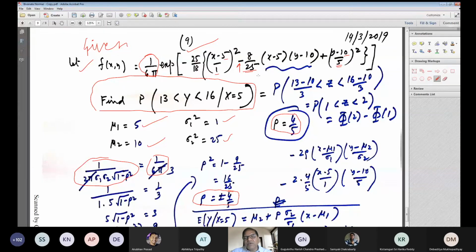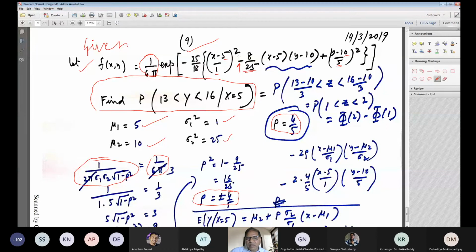Why are we doing this? Because everything we have to put into the standard form. In the standard bivariate normal density function, this term involves minus 2 rho, x minus mu1 by sigma 1, y minus mu2 by sigma 2.